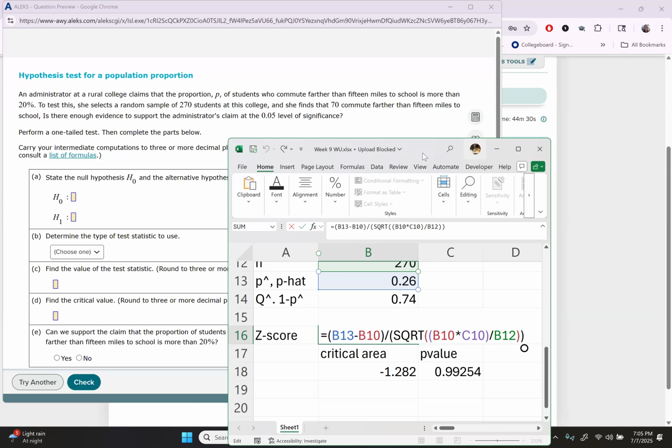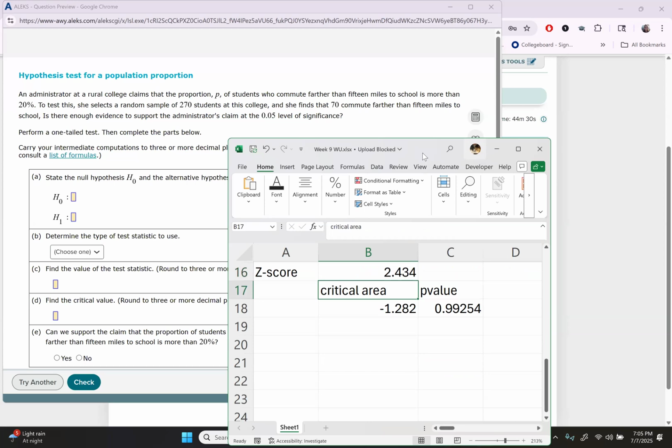I'm good. You're good? Okay. So the z-score you get is 2.434. And you have a critical value and you have a p-value, which is, by the way, in this case, you're going to do 1 minus the p-value of 0.99, which is 0.007. You might want to do that for yourself.